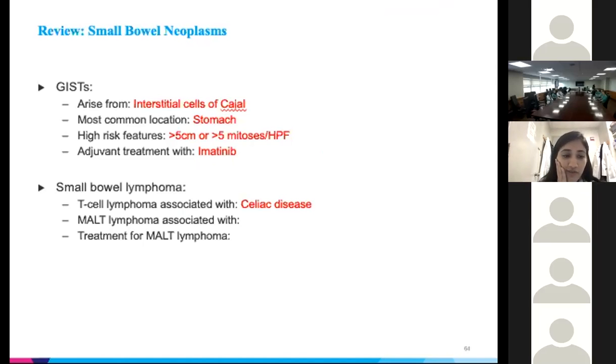T-cell lymphoma is associated with autoimmune disease, celiac disease. Oh, I said that MALT was associated with H. pylori. Yes, MALT is associated with H. pylori. And treatment for MALT would be just the triple therapy associated with H. pylori treatment. Yep, H. pylori eradication with either triple or quadruple therapy.